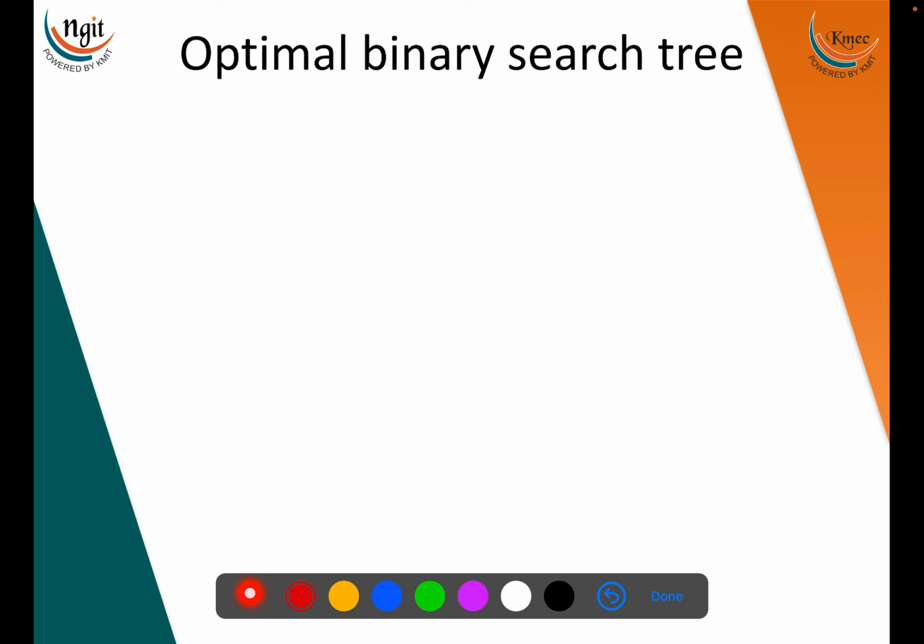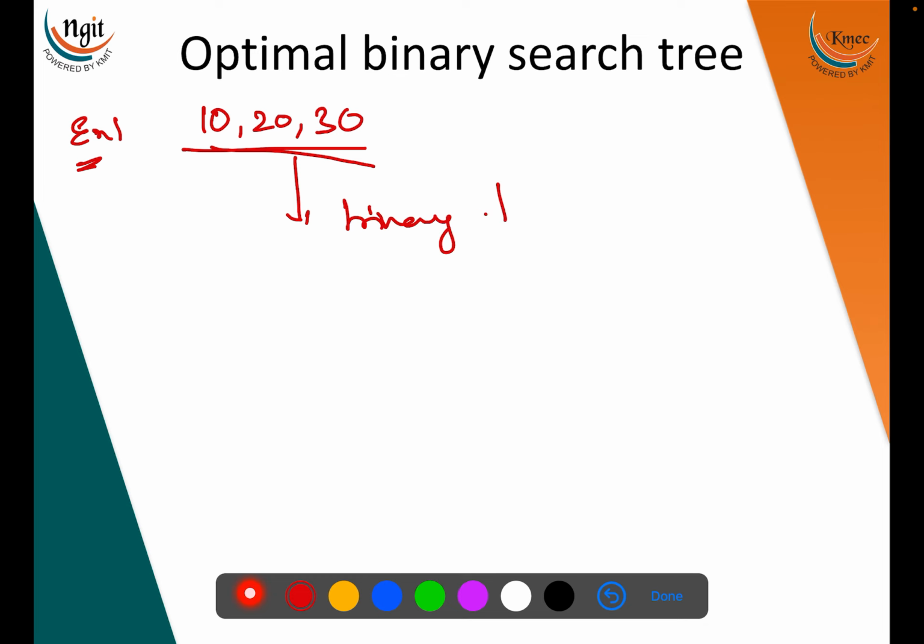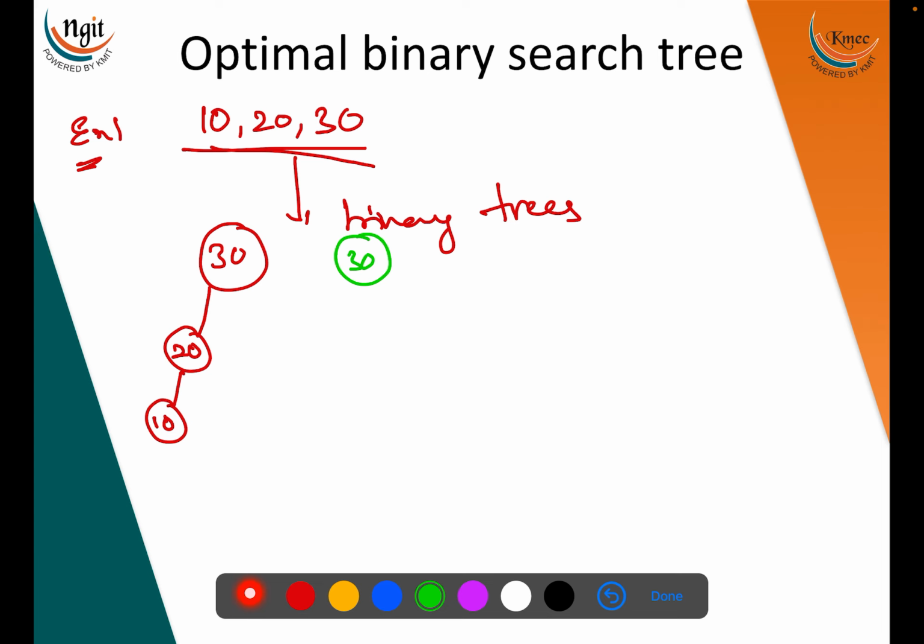So now we'll take some example to understand in a better way. Let us assume that you have 3 keys, 10, 20, 30. For the same set of keys, there can be many possible binary trees. And we'll see a few among them. Now 30, 20, 10. This is one binary tree. The other one 30, 10, 20.